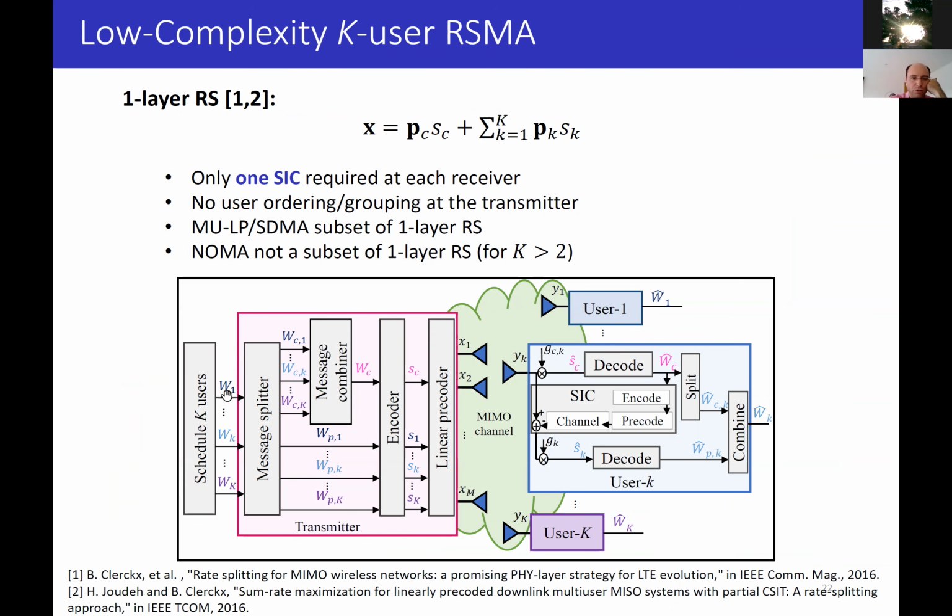Essentially what you do here is that you have K messages and you split those messages into a common part and a private part, and from K messages, we now create K plus 1 streams, 1 common stream and K private streams. Each receiver here will decode the common stream, perform SIC, and then decode its intended private stream. So you have a system model where this part here is reminiscent of what we have in SDMA multi-user linear precoding, but additionally we have a common stream on top of this that comes from the message split.